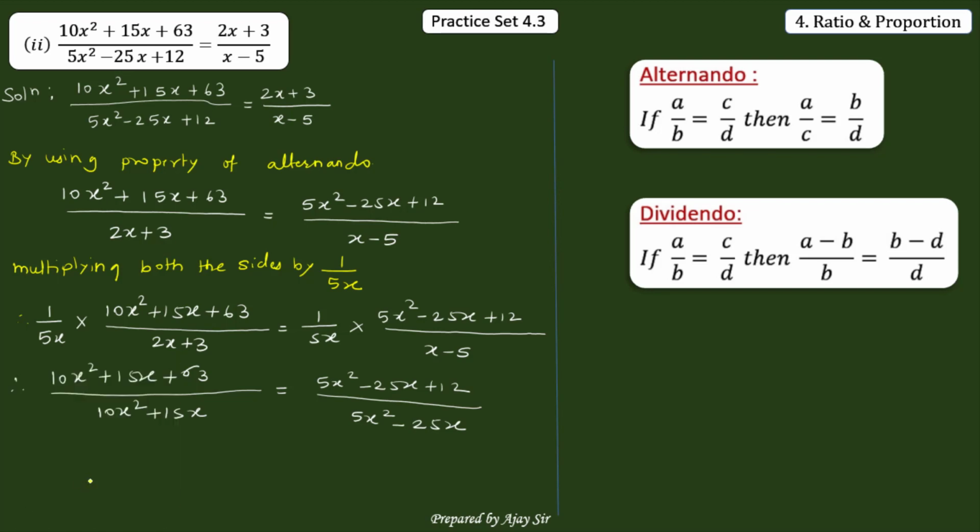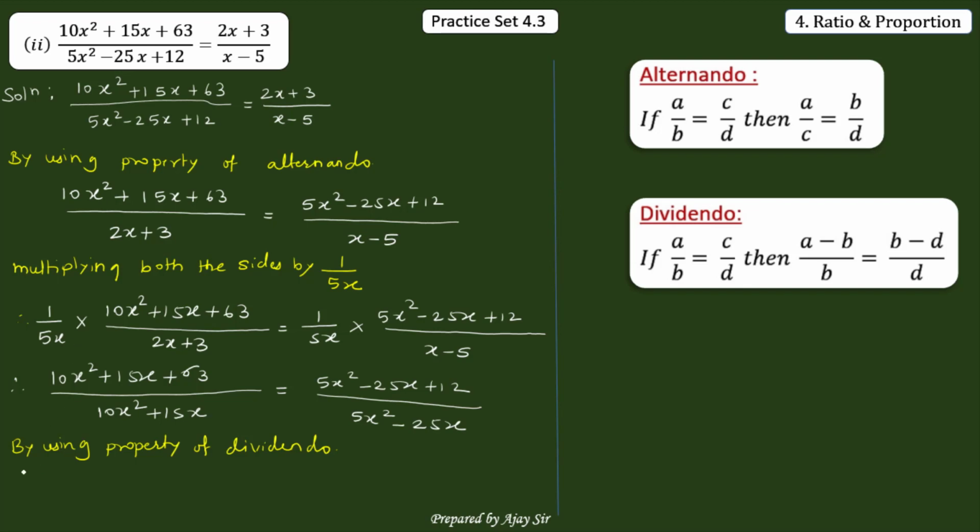So by using the property of dividendo, let us apply this property here.